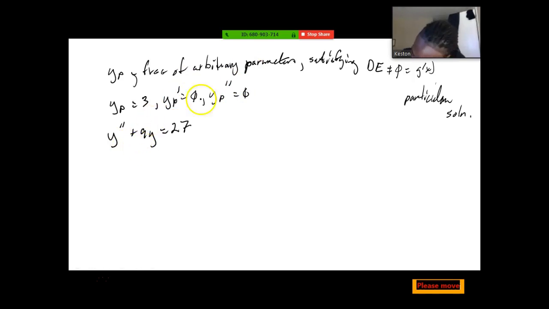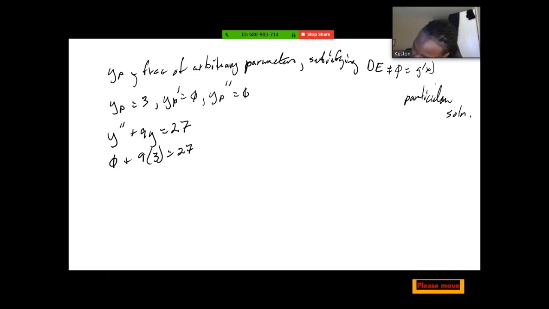Well, sure enough, if we plug in 0 plus 9 times 3, look at that, that's 27. Now that's a particular solution. You don't have any arbitrary coefficients. 3 is not arbitrary. It is the solution, okay? It's not an arbitrary constant. No, 3 is the solution.